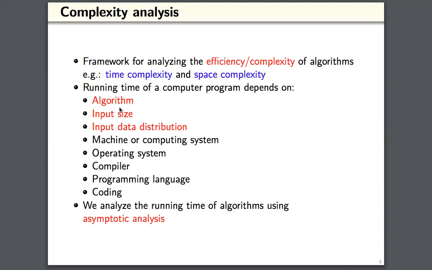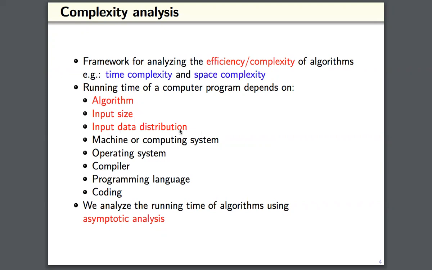For the same algorithm, if you have two different input sizes, again, the runtime will vary depending on input size. Larger input sizes might take a lot more time, right?